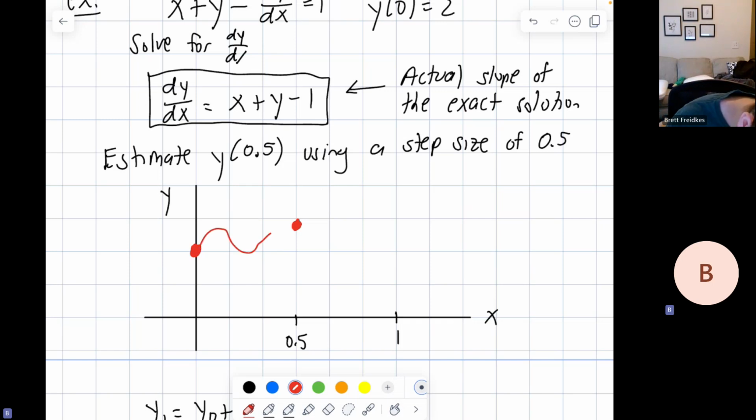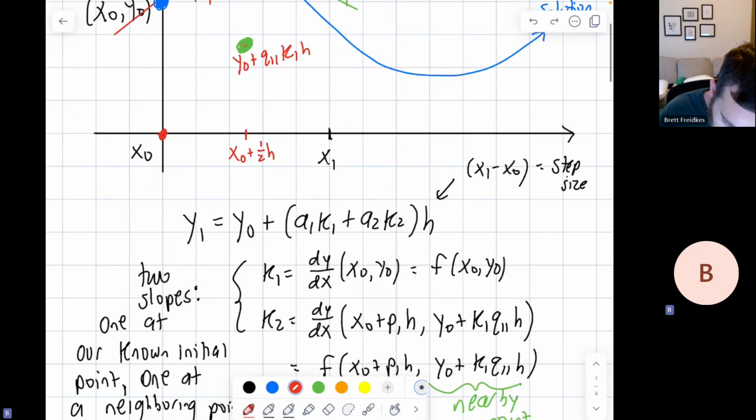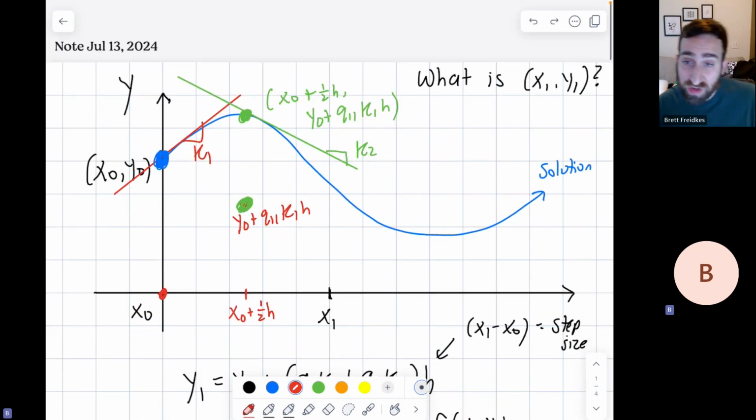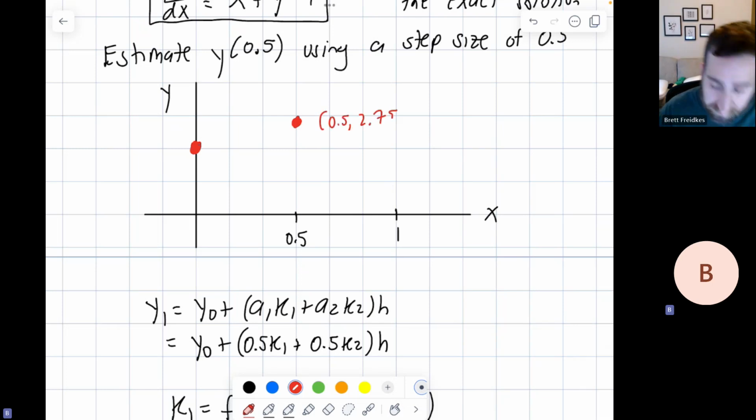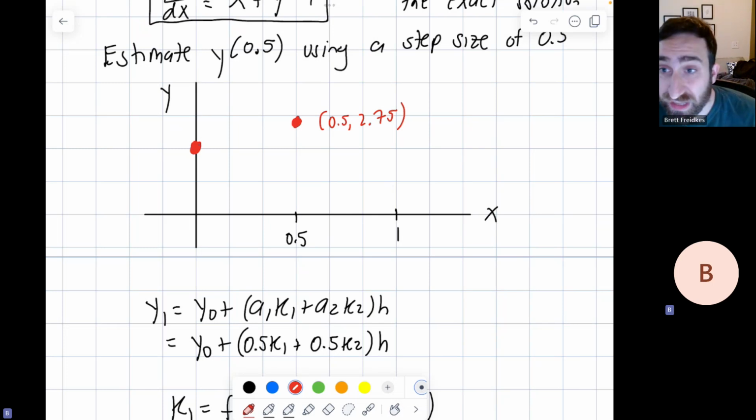We don't know what's happening in between, but if you come back up to this original graph, the original solution was in blue. Again, not the same solution as this problem. This was just an example. What we end up seeing is that our estimate from Runge-Kutta and Heun's method is that this point ends up being 0.5, 2.75. And that's our answer.